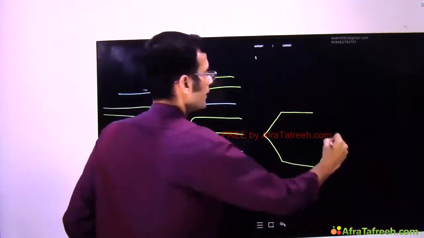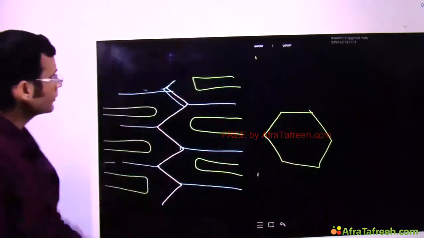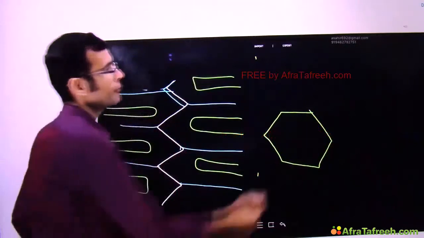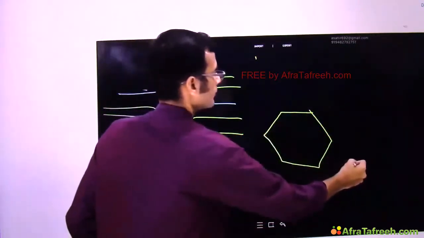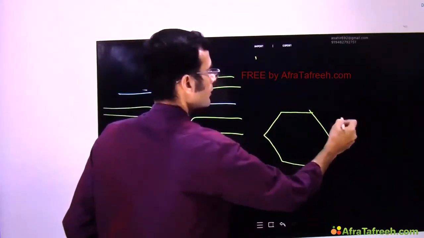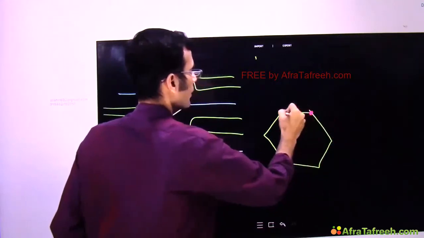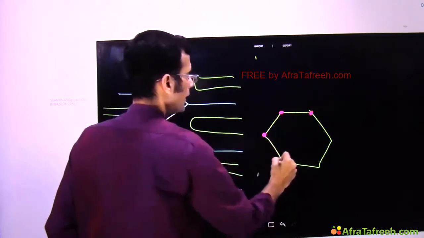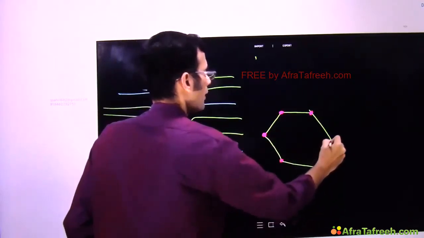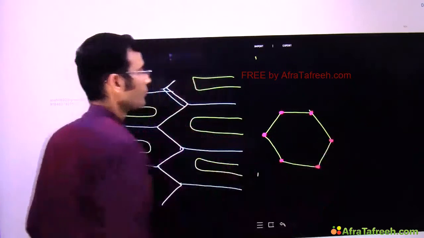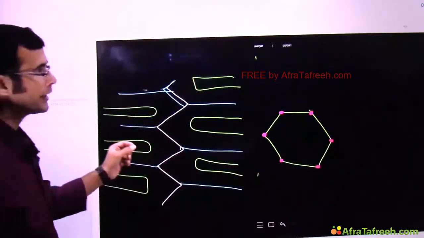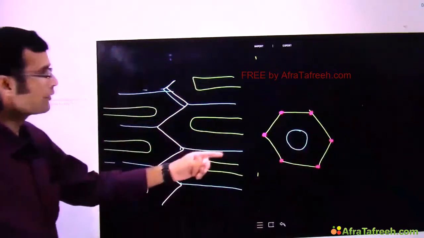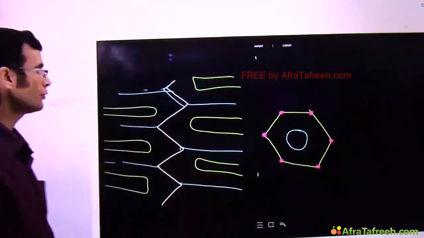The Z line is actually a hexagon in the cross-sectional view. Arising from each of its angles, there is one thin filament, arising from each angle of the Z line, and among these thin filaments, the thick filaments are interspersed. So that's how it will appear on cross-sectional view.